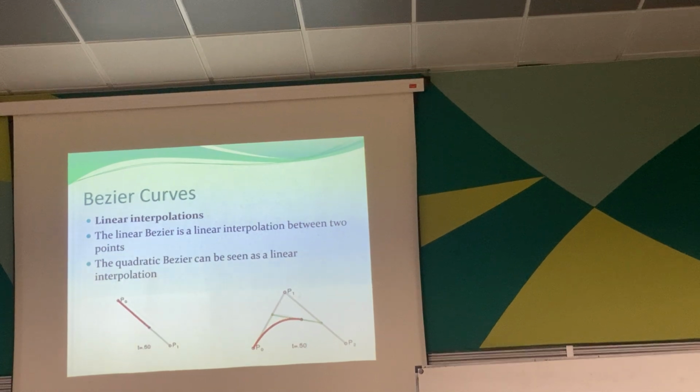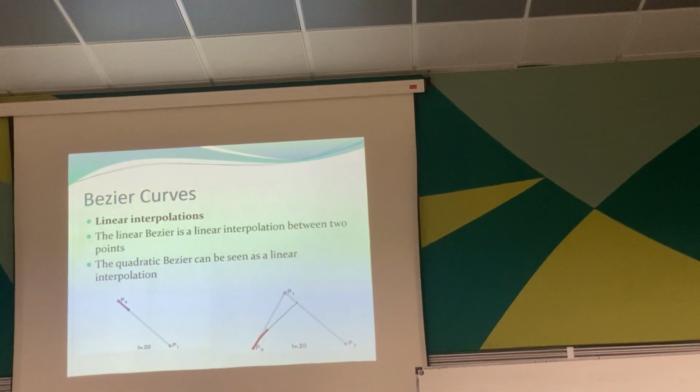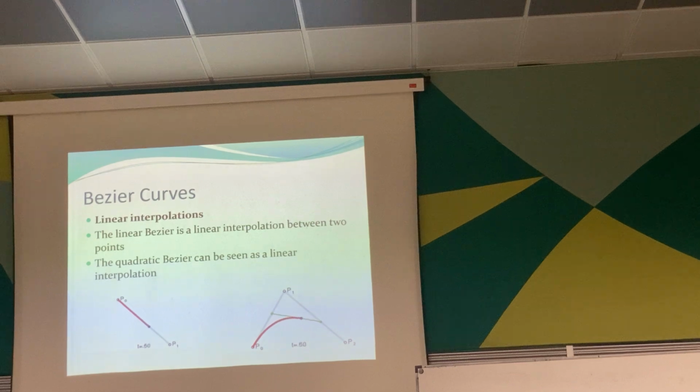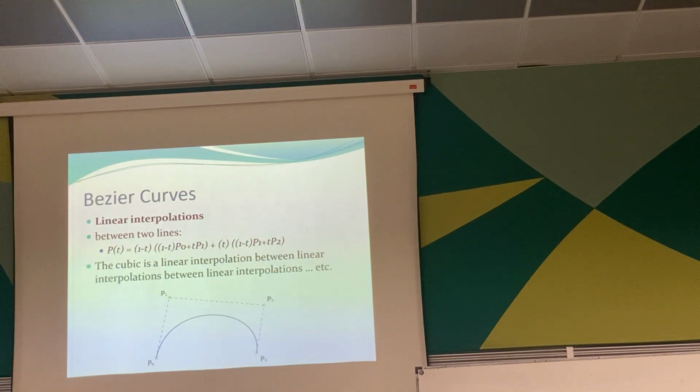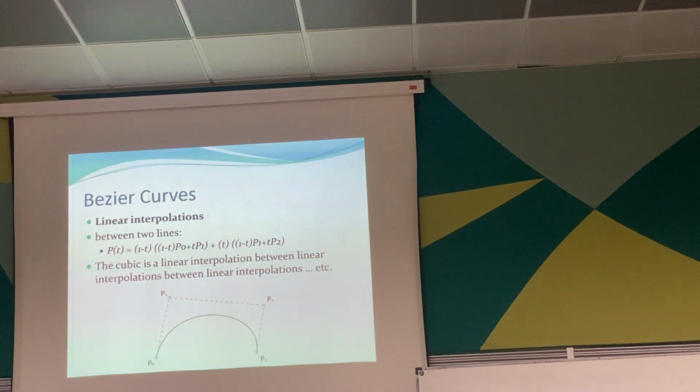So we have the linear, which is a linear interpolation between the 2 points. The quadratic is a linear interpolation between the 2 lines, so 3 points. Just put in this equation P(t): 1 minus t, P0 plus t P1, plus t, then 1 minus t, P1 plus P2.